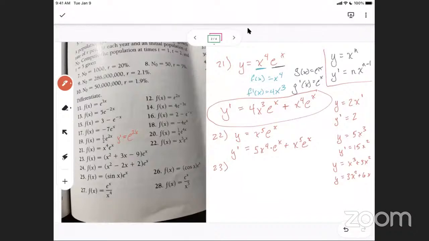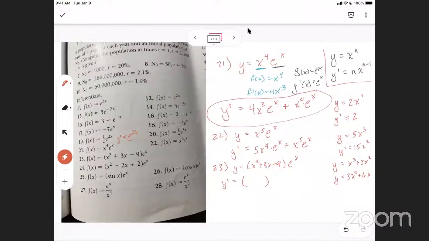So what do I do for 23? Would you split it up? Yeah. So the key here, it's the same thing, but now you take the derivative of this first function.